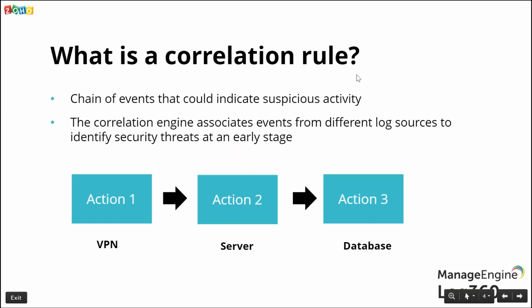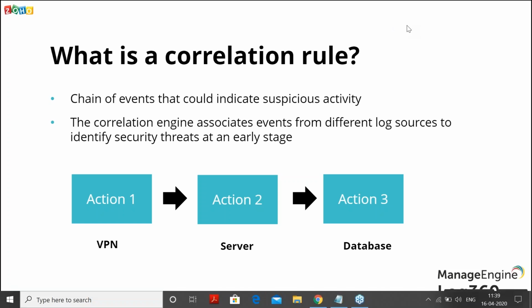Okay, so what is a correlation rule? A correlation rule is a chain of events that could indicate suspicious activity, right? It associates events from different event sources to identify a security threat at an early stage. So you might have an event happening on a VPN, you might have an event happening on one of your servers, and you might have an event happening on one of your databases.